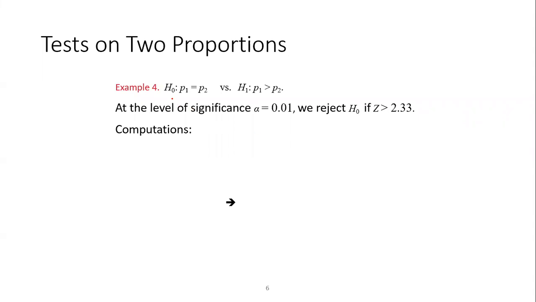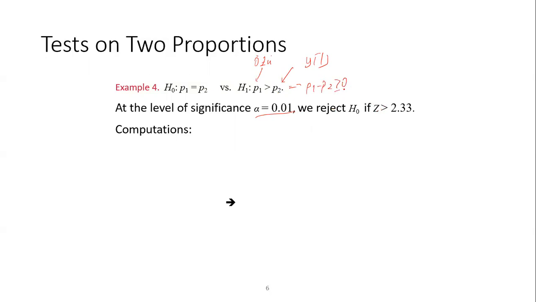So the null hypothesis H0 is P1 equal to P2 versus P1 greater than P2. P1 is the proportion of Özyeğin University, and P2 is the proportion of Yıldız Technical University. Alpha is 0.01, and this is in fact P1 minus P2 greater than 0.